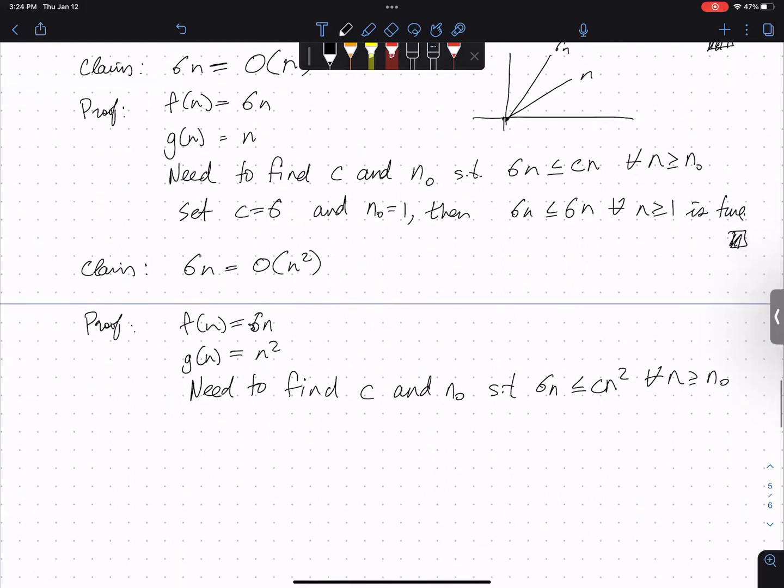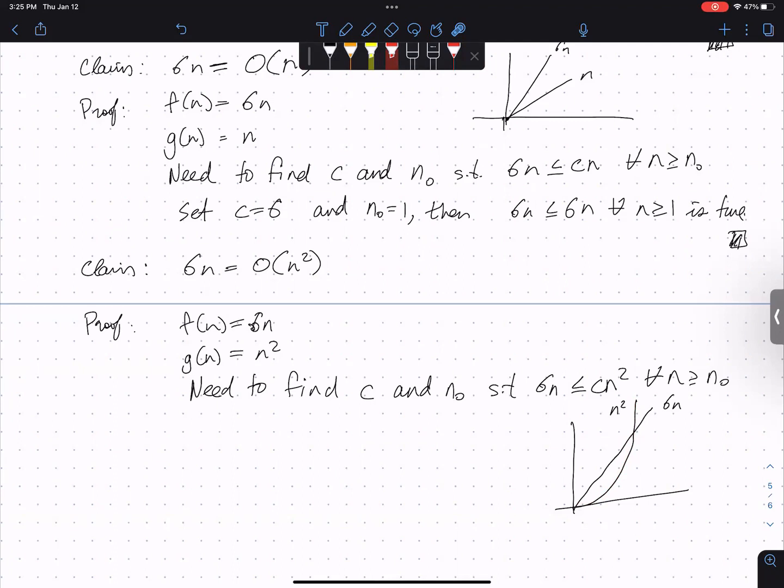Now, what do these functions look like? Well, 6n is our line, and n squared, remember, is a parabola. Now you guys know a parabola goes up while a line keeps on going. So the parabola, even though it's smaller than 6n at first, eventually will overtake 6n.